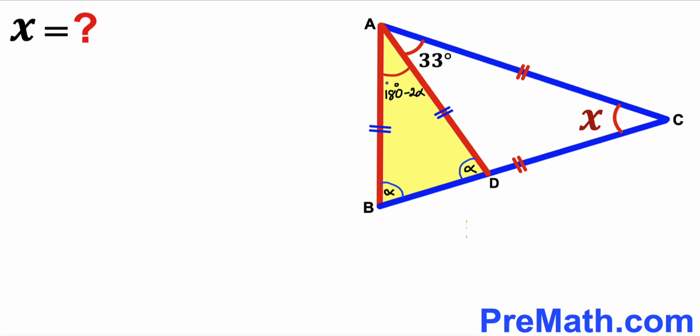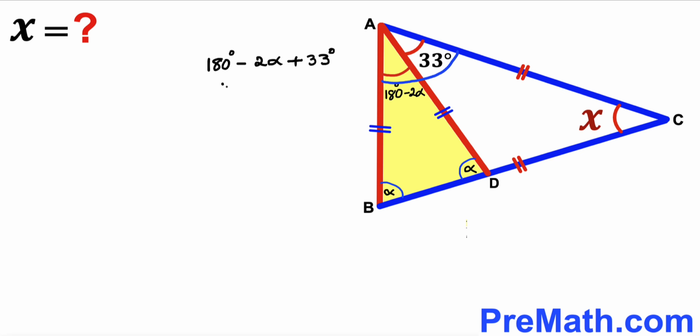And now let's focus on this whole angle BAC. That is the sum of these two individual angles, this angle and this angle 33 degrees. Let's go ahead and add these two angles. If I write down 180 degrees minus 2 times alpha plus 33 degrees, let's combine the like term.